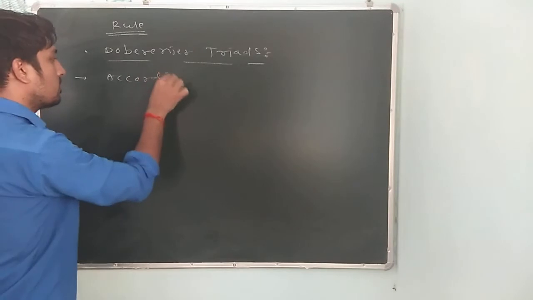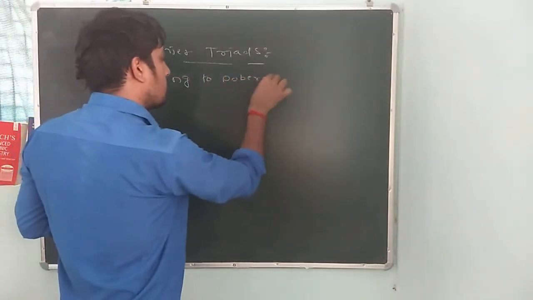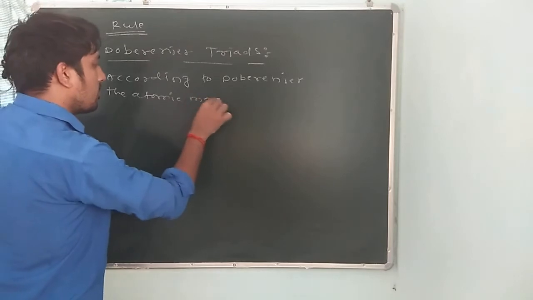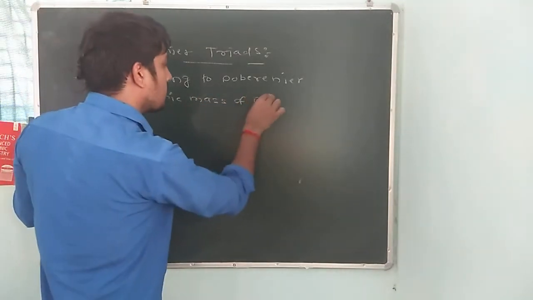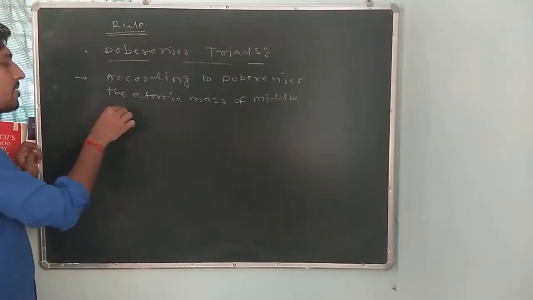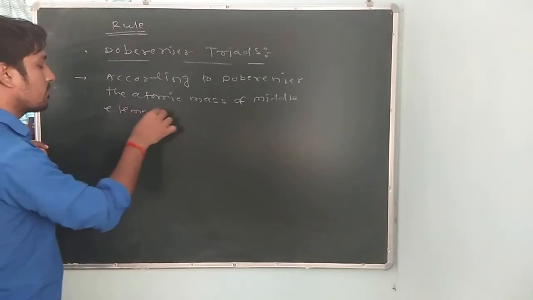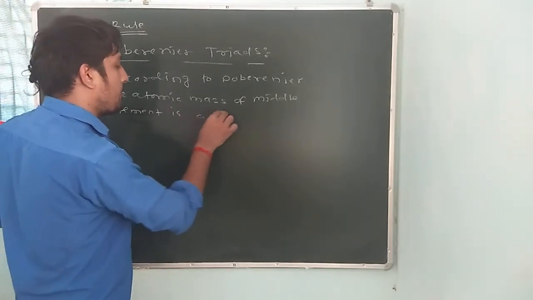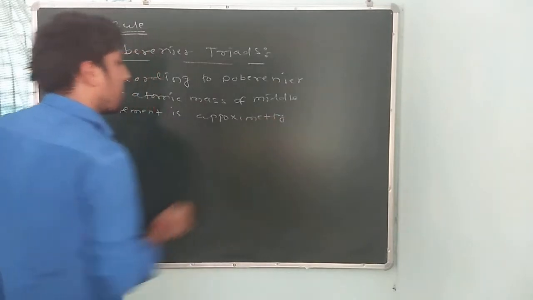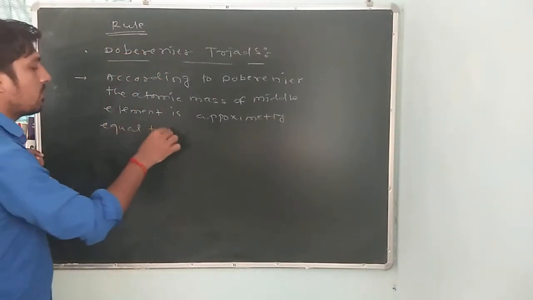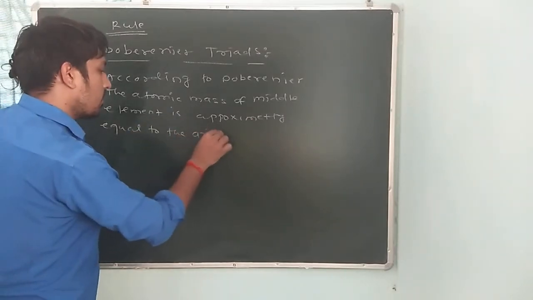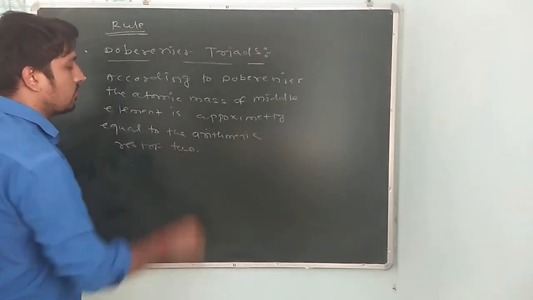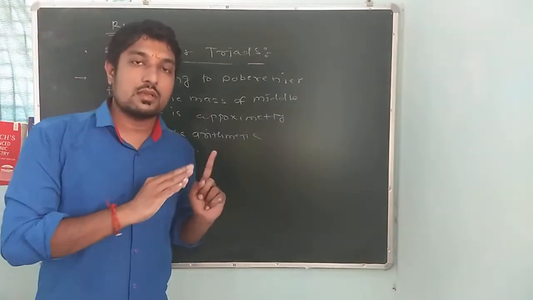According to Dobereiner, the atomic mass of the middle element is approximately equal to the arithmetic mean, the average of the other two. Basically this rule is given for the groups.